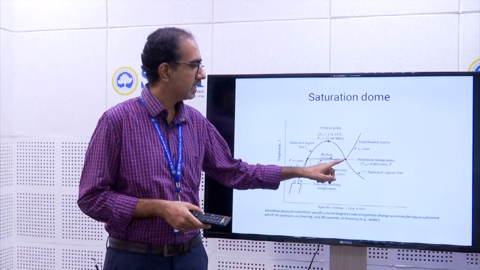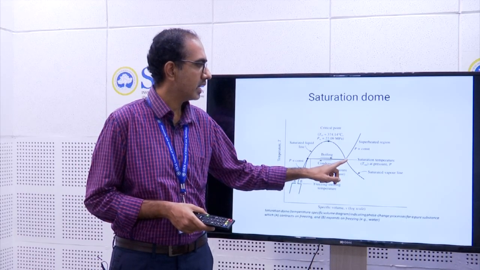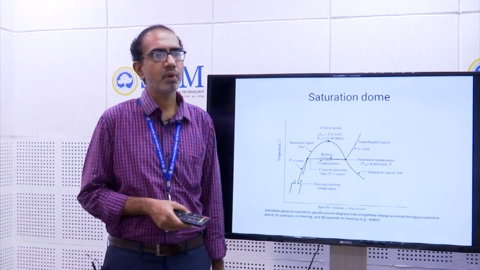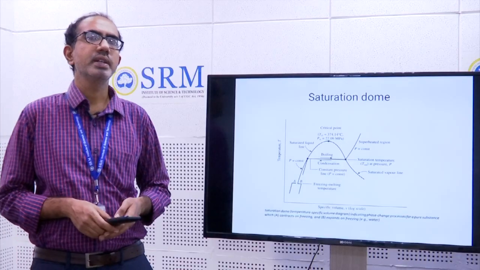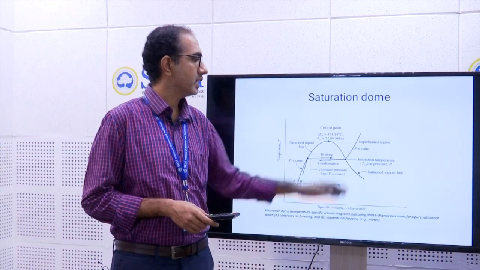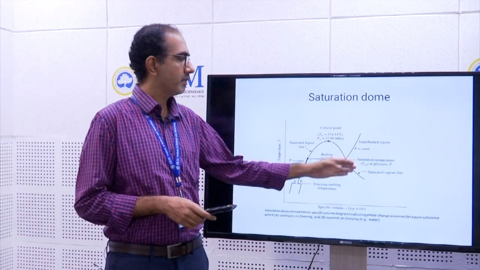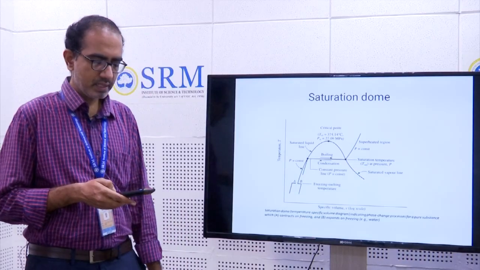Further adding heat, it reaches the corresponding pressure and temperature, and this point is a saturated vapor. In saturated vapor, if we further add heat, it reaches the superheated region. The other phenomena happen vice versa for the condensation process.